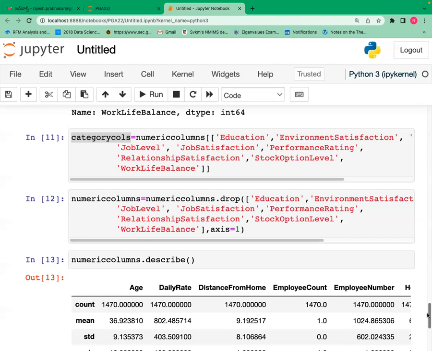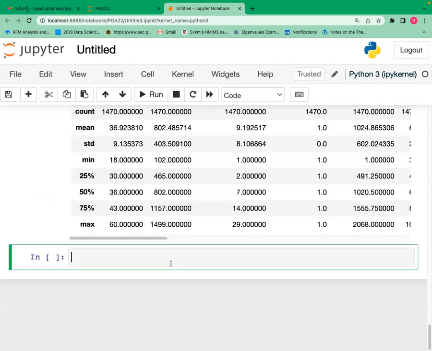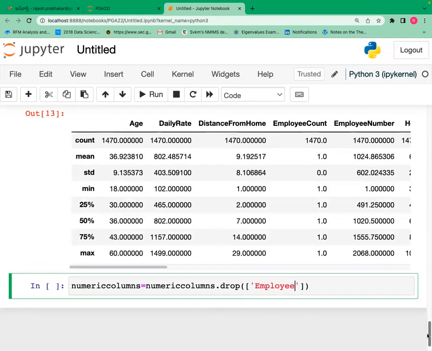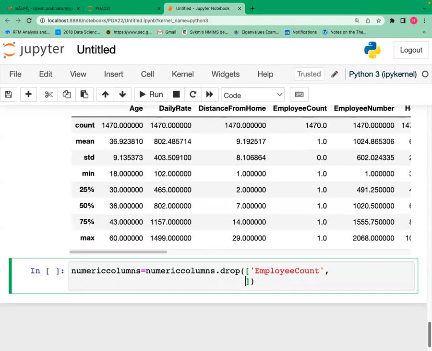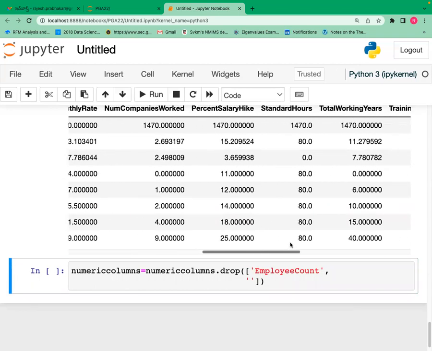Okay. So numeric columns is equal to numeric columns dot drop, square bracket, single quote, employee count, comma, single quote, what is the other one, standard hours.